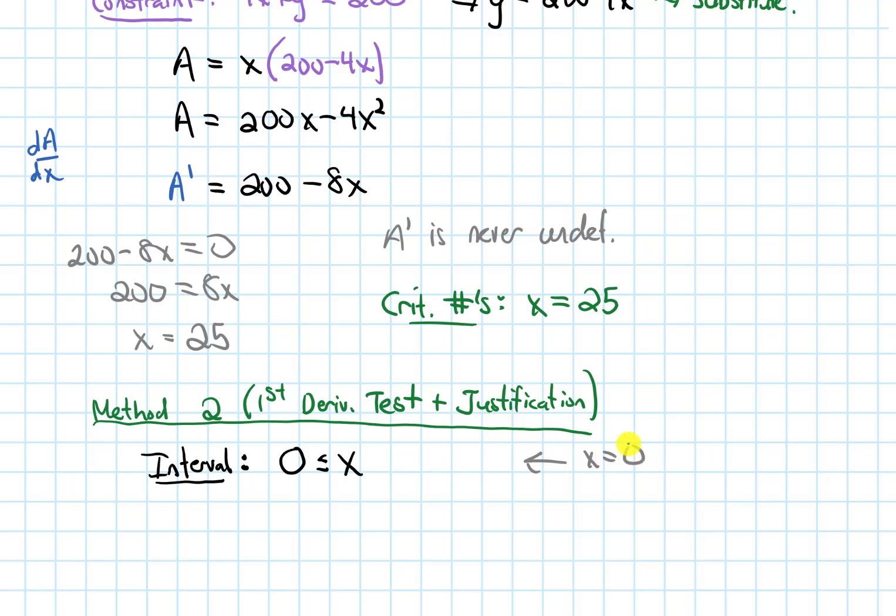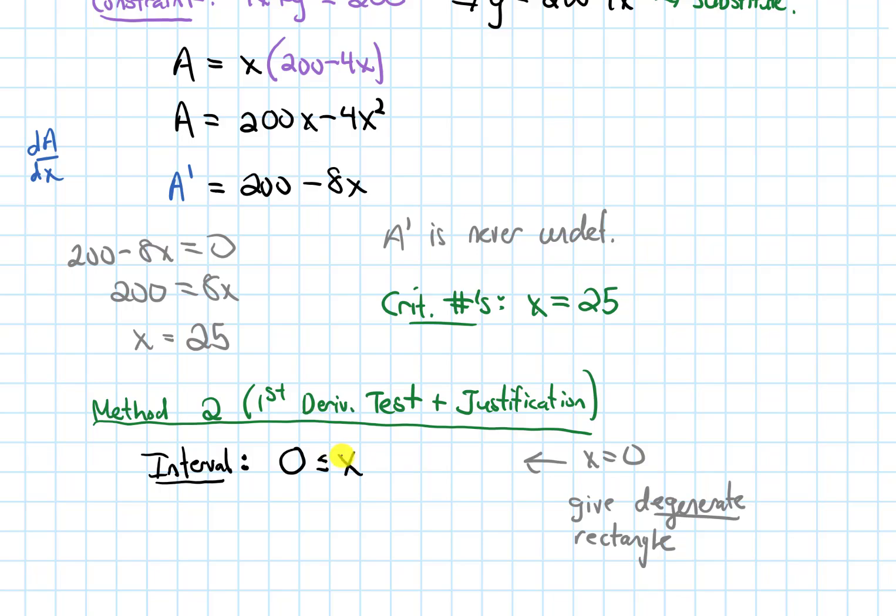If x equals 0, that would give us what's called a degenerate rectangle, which is just a rectangle where one of the sides has a length of 0. For the purpose of this question, I'm going to consider that a valid rectangle.